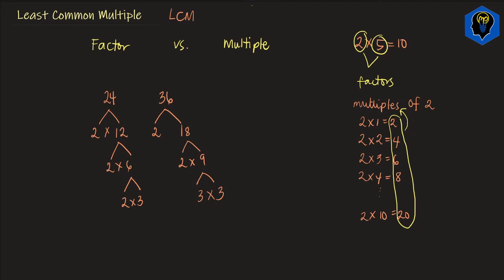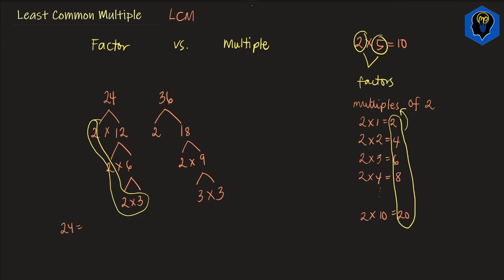Okay. So, after that, what you do is you list down the factors of 24. So, we only consider the prime factors. So, remember our topic on prime factorization. If you forgot how to get prime factors, again, we have a link to our video on prime factorization, you can check it out and review the topic.